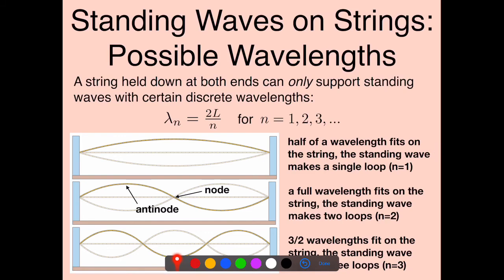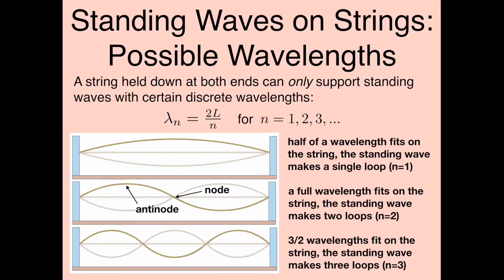That would be a full wavelength. But if we have half a wavelength, it's just this part. So we say the string makes a single loop. If we were to watch this string vibrate, it would vibrate up and down like this while keeping the ends of the string as nodes which are not moving. So that's what n equals 1 looks like. You have a single loop like this.